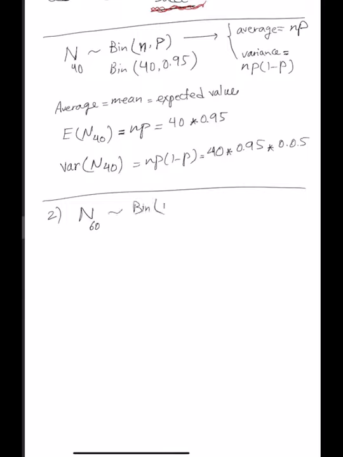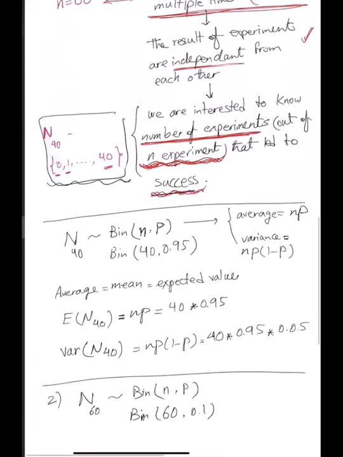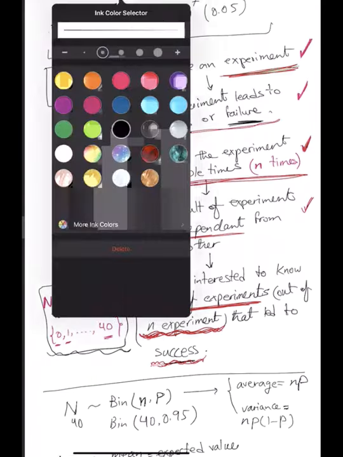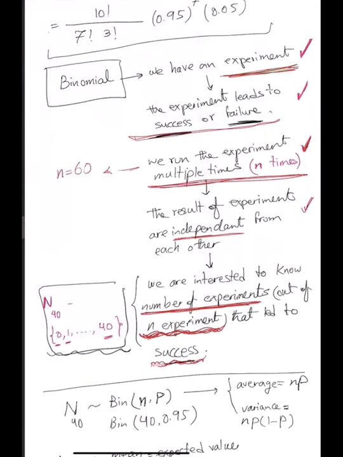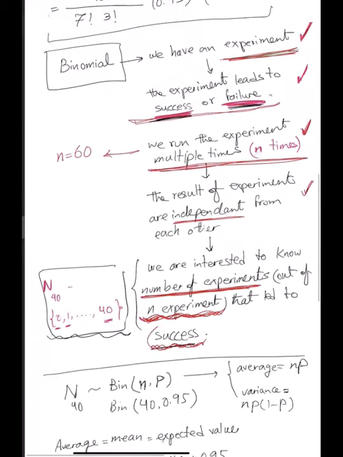The two parameters that I want are n and p. Here n, the total number of experiments that I have run, is 60, and p, the chance of success in each experiment, is what? 0.1. Remember, when we run the experiment, it can lead to success or failure, and at the end we need the number of experiments that led to success.